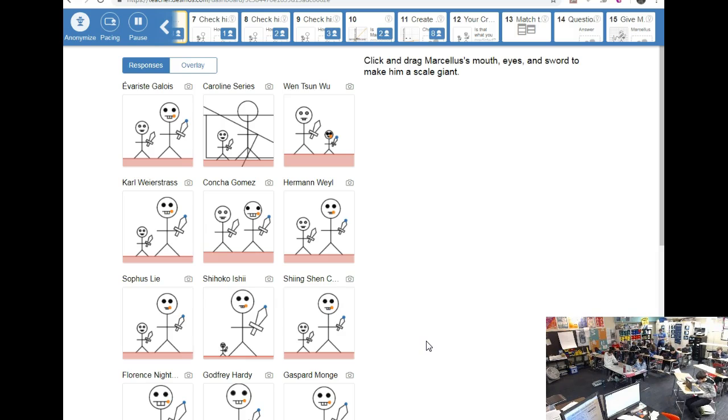So you are adjusting Marcellus. Can you drag one of those points? So wait. You have a response type, yeah. So wait. If Marcellus is 4 times as big, and Dan's eyes are 5 units apart, how far should Marcellus's eyes be apart from each other?